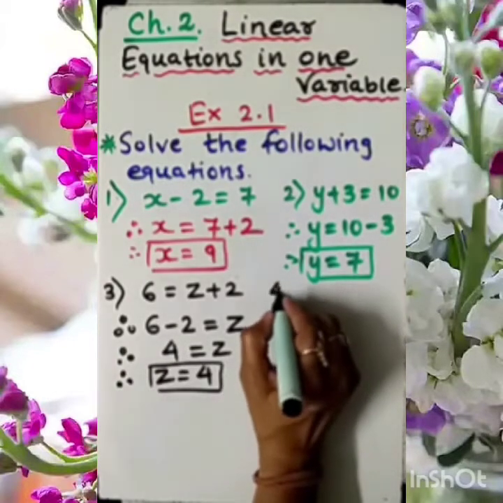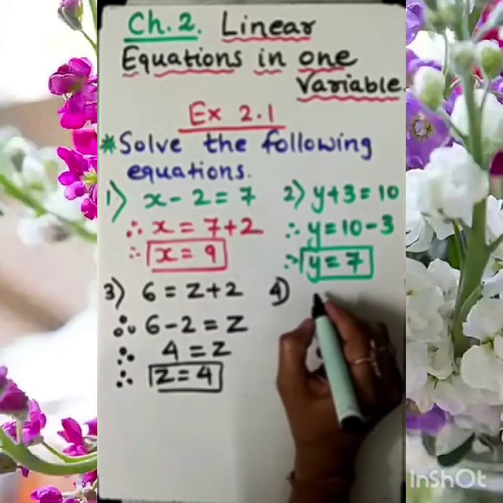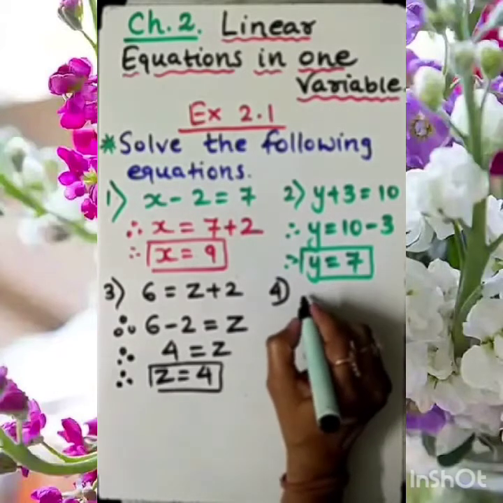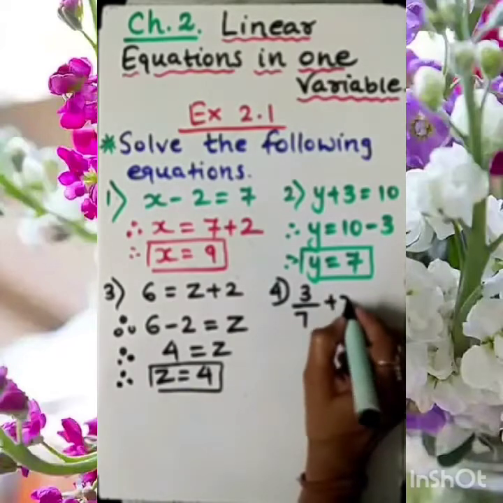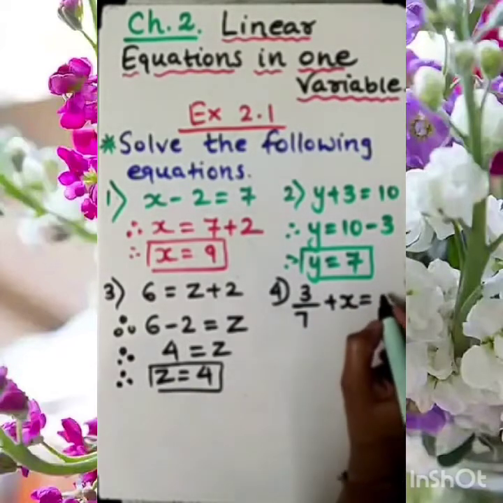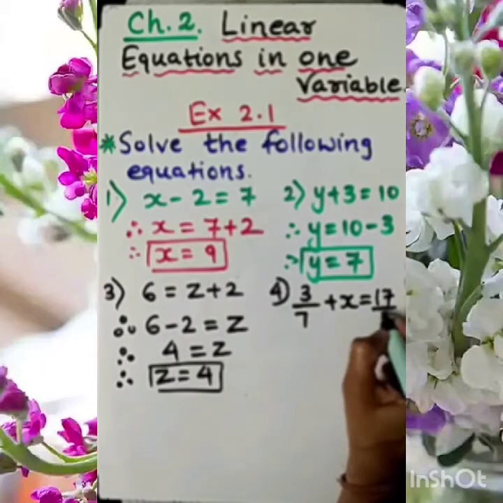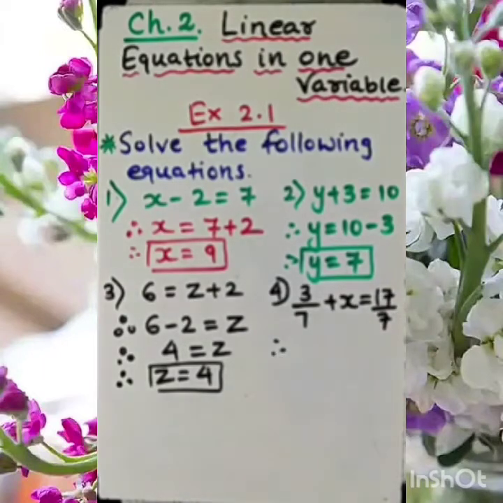Is it clear? Fourth, what are we given in the fourth? In the fourth we are given 3 by 7 plus x equal to 17 by 7. Fine. So dear student, the numbers we are given are fractional. Don't be afraid of fractional numbers; in fact, they are quite easy.